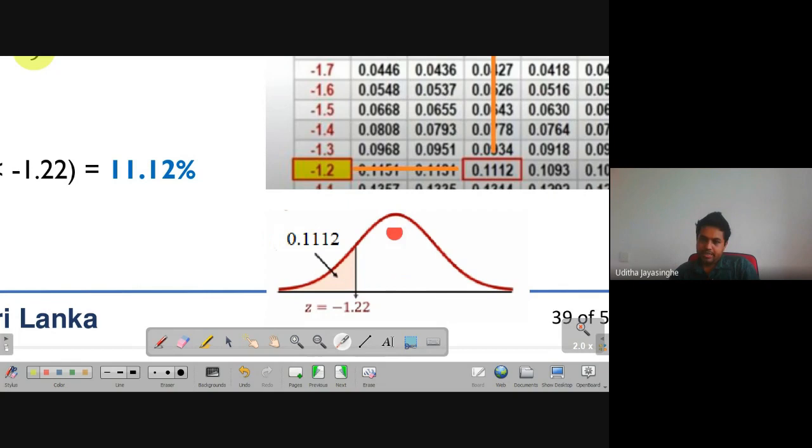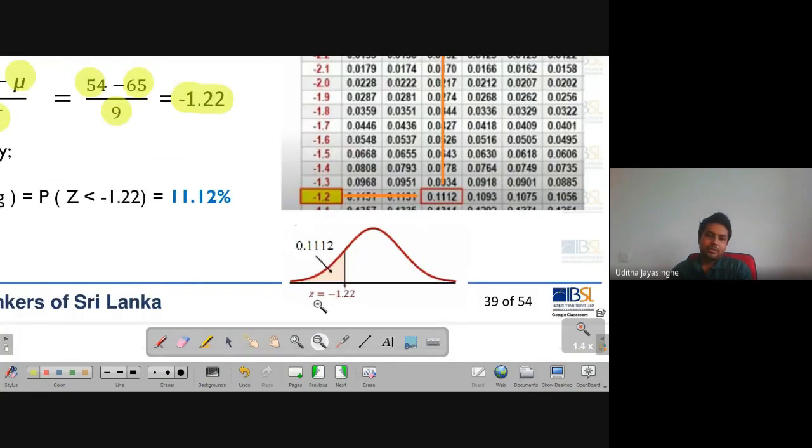If you calculate any Z value to the left-hand side of the mu, your Z value is negative. If you calculate any Z value to the right-hand side of the mu, your Z value is going to be positive. Simple as that. So you got this answer of 0.1122. Remember, this is the area from the left to the particular value.